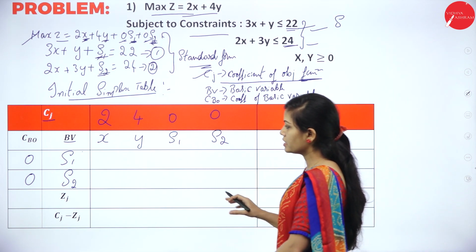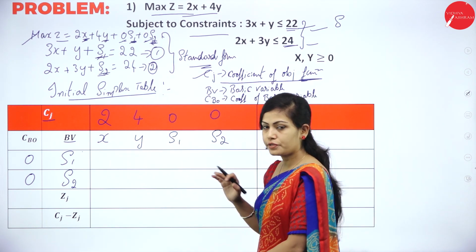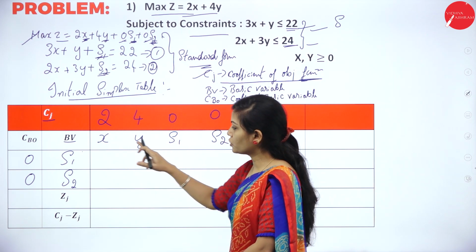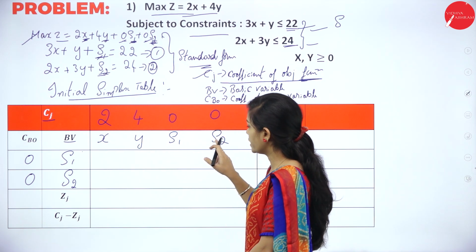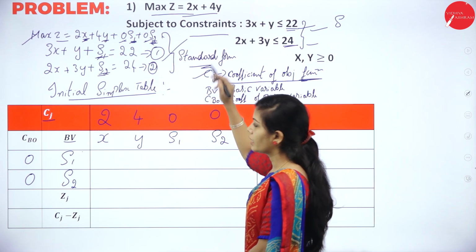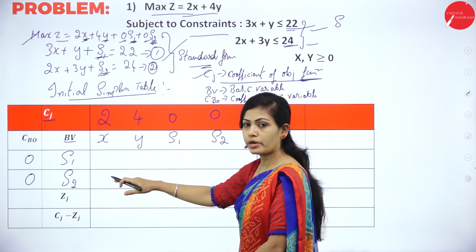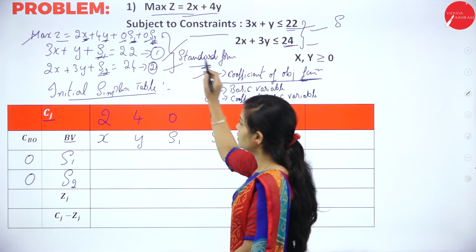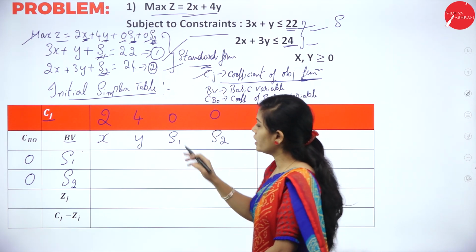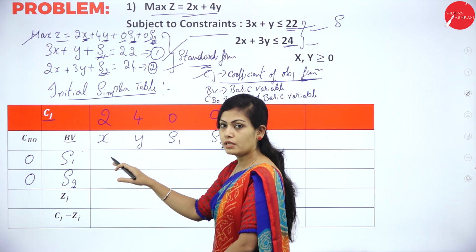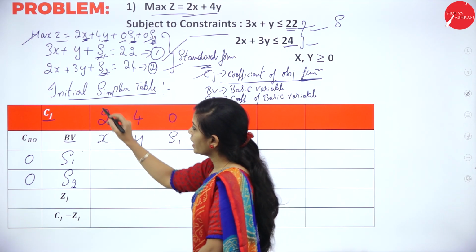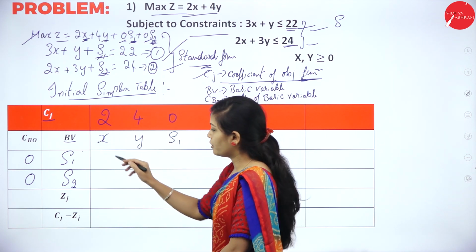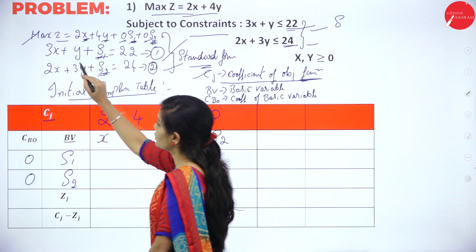Now after this, you have to write the coefficients of x, y, S1, S2 in equation number 1, and here the coefficients of x, y, S1, S2 in equation number 2. Listen carefully. Here I will write the coefficient of x in equation number 1.